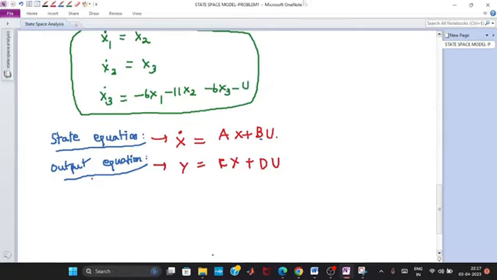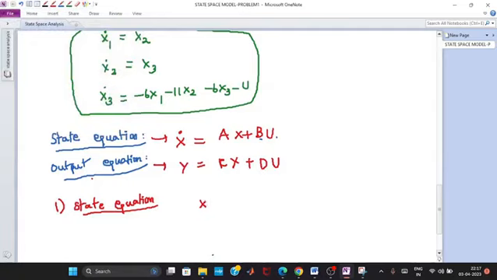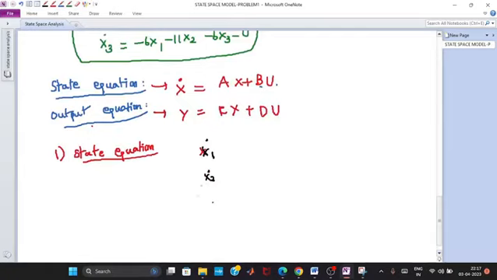First we will put the equations into the state equation format, right? So what is the state equation? x1 dash, x2 dash, x3 dash. So now I am putting everything into a vector, right?